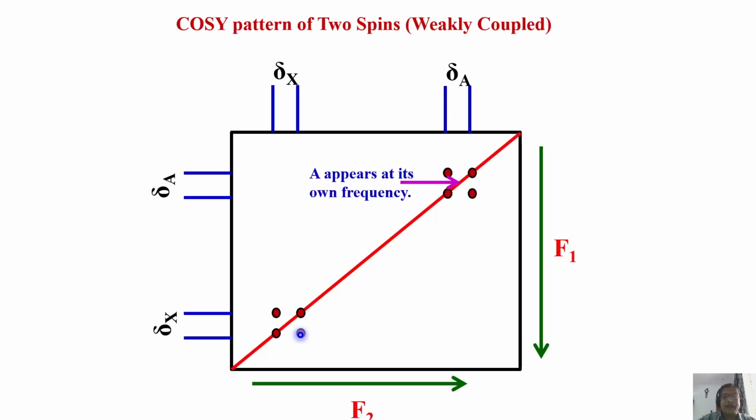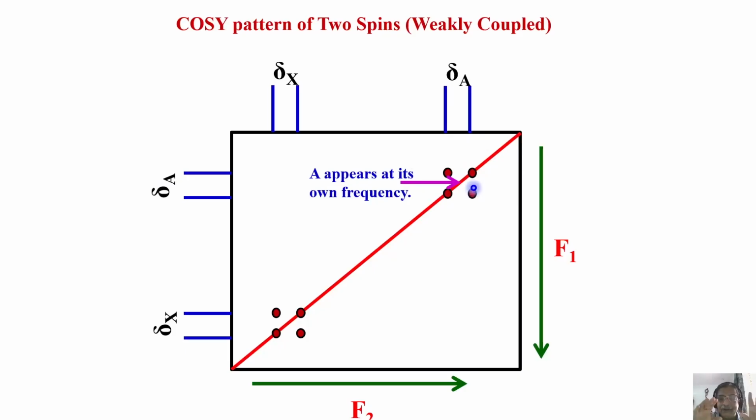And what does it mean? The delta A is precessing in both T1 and T2 dimensions with the same frequency. So it gives rise to a peak at its own frequency. That is a diagonal peak. So this is nothing but nu A comma nu A. In the F1 dimension, this frequency is nu A. If you come to the F2 dimension also, this frequency is nu A. So it appears at its own frequency.